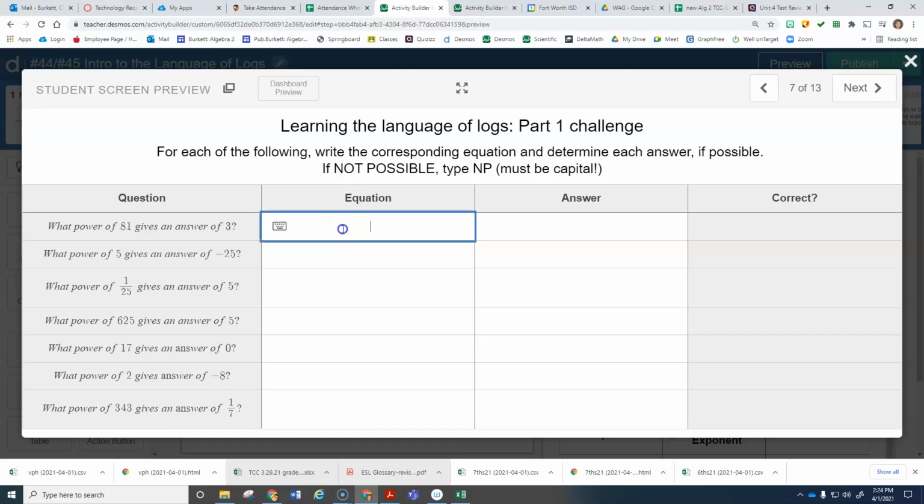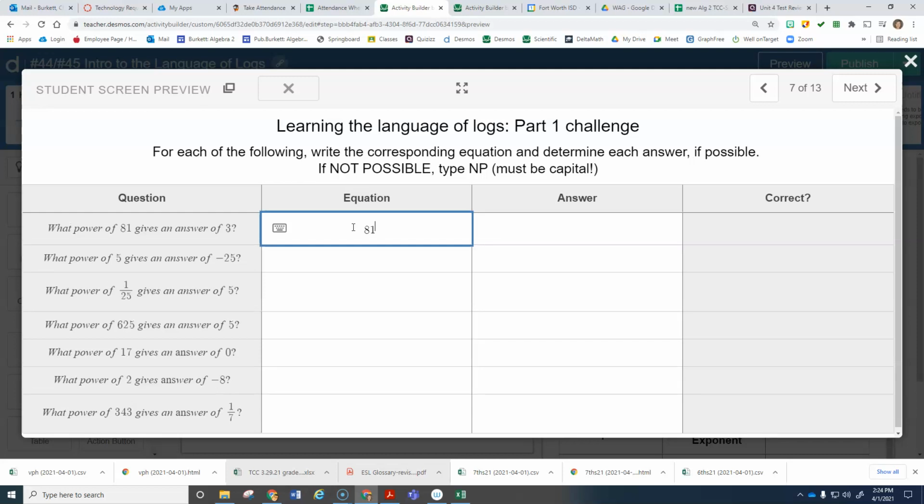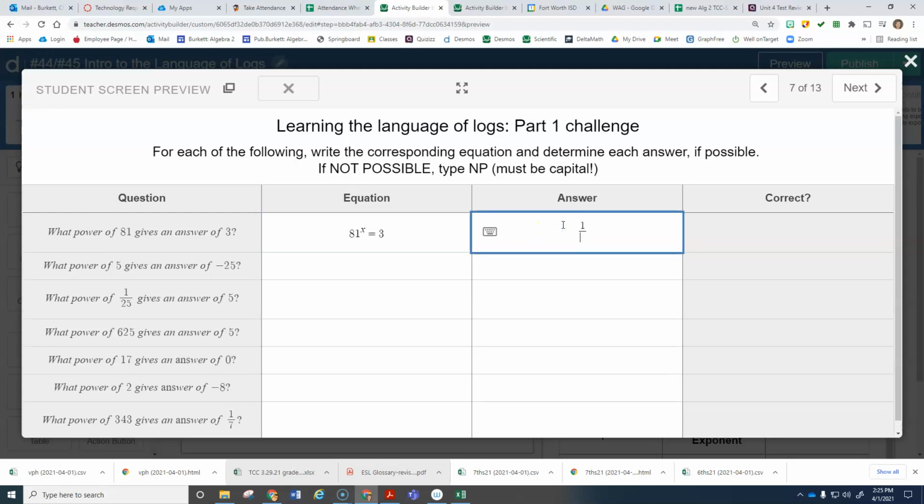Write the equation. So 81 raised to what power? You can put an X or you can put a question mark. Either one will be counted correct. I like the X because I'm an algebra teacher. 81 raised to what power gives you 3. So obviously that's going to have to be a decimal value right there, and I think it's 1/4.